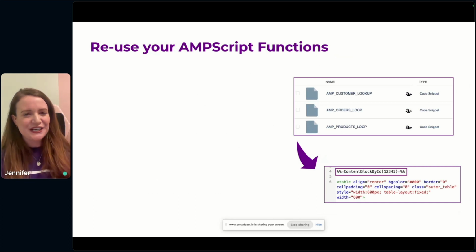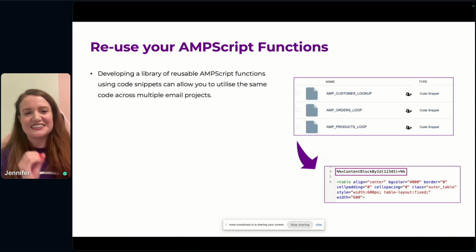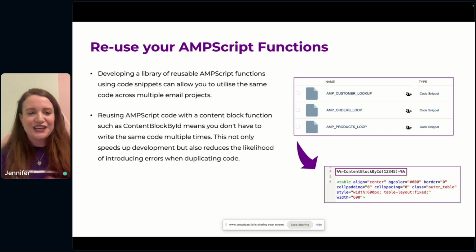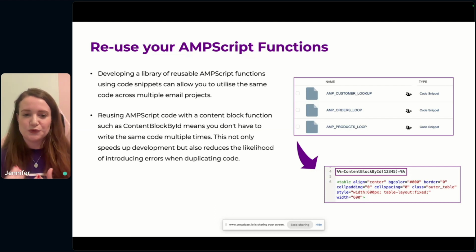Final tip is to reuse your AMPScript functions. Developing a library of reusable AMPScript functions using code snippets can allow you to utilize the same code across multiple email projects. And reusing AMPScript code with a content block function, such as content block by ID, which I've screenshotted here from one of my emails, means you don't have to actually write the same code multiple times.